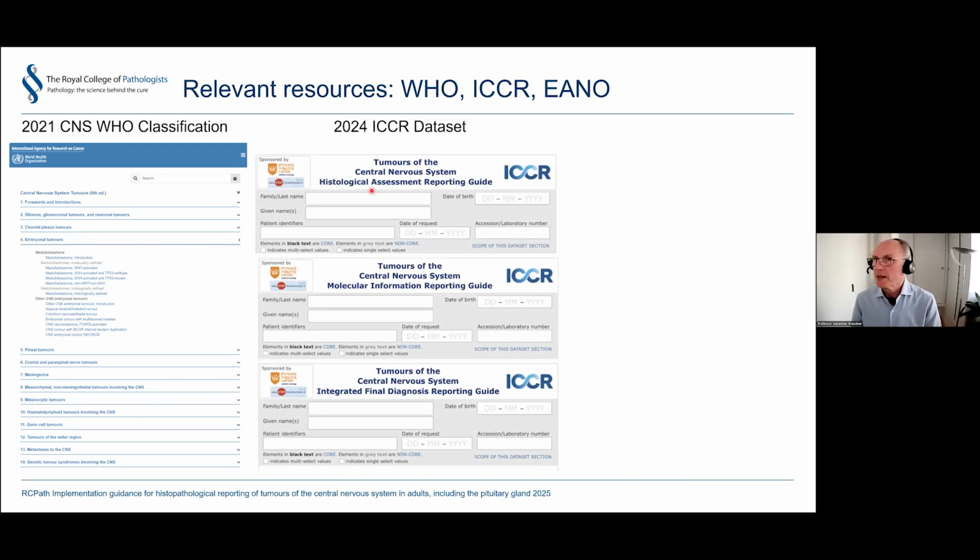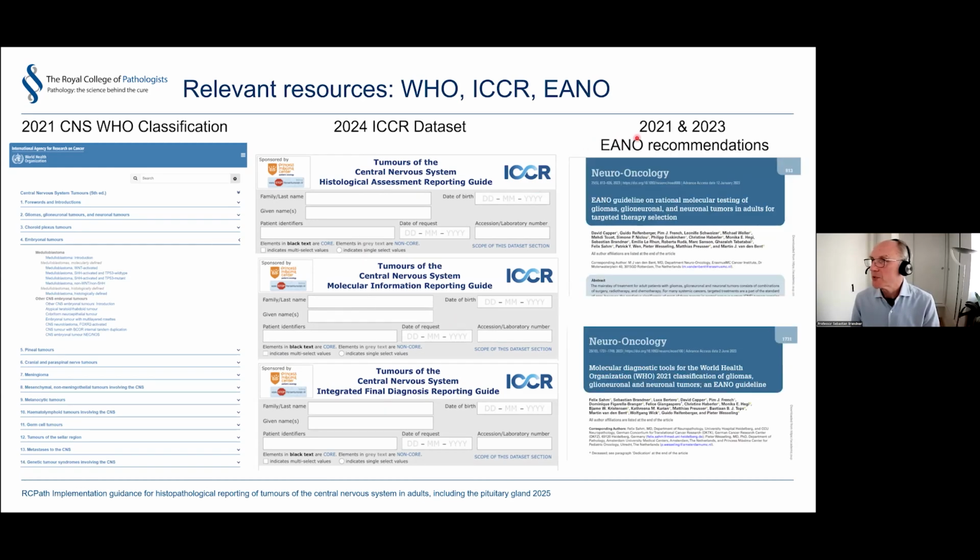And this is the 2024 published ICCR dataset. And here are the 2021 and 2023 European Association of Neuro-Oncology recommendations, so EANO, a guideline for rational molecular testing of gliomas and other glioneuronal tumors, and the molecular diagnostic tools for the WHO classification.